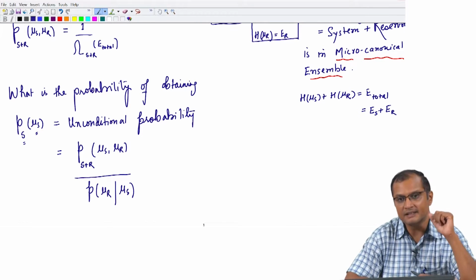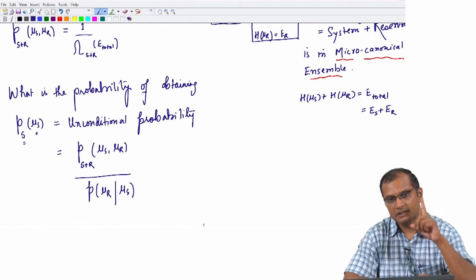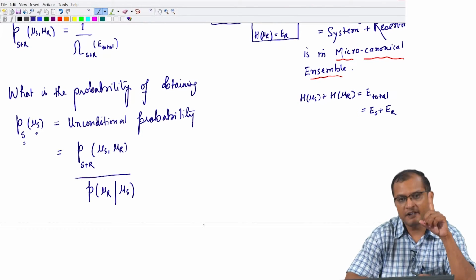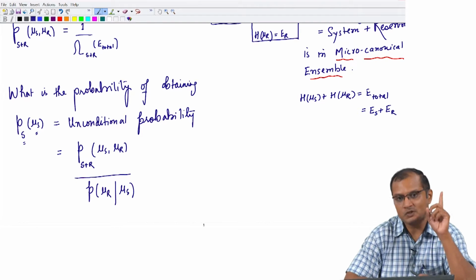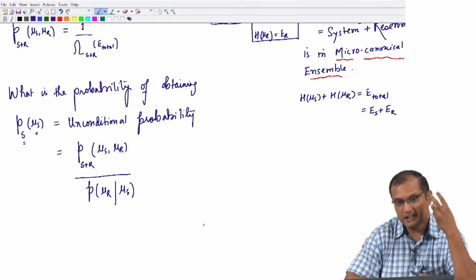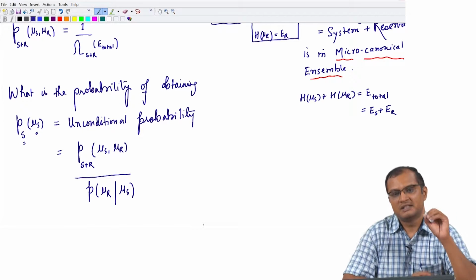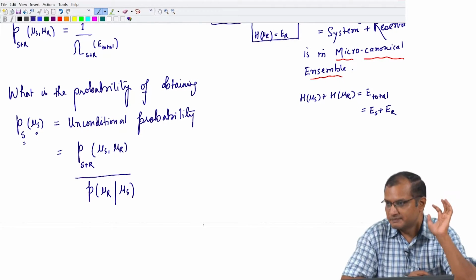that my reservoir is in state mu r, okay, some reservoir provided the system is in the microstate mu s, because the left hand side requires information of probability of finding the microstate mu s. So, the denominator has to be a conditional probability of finding a reservoir in mu r such that the system is at mu s. Okay.